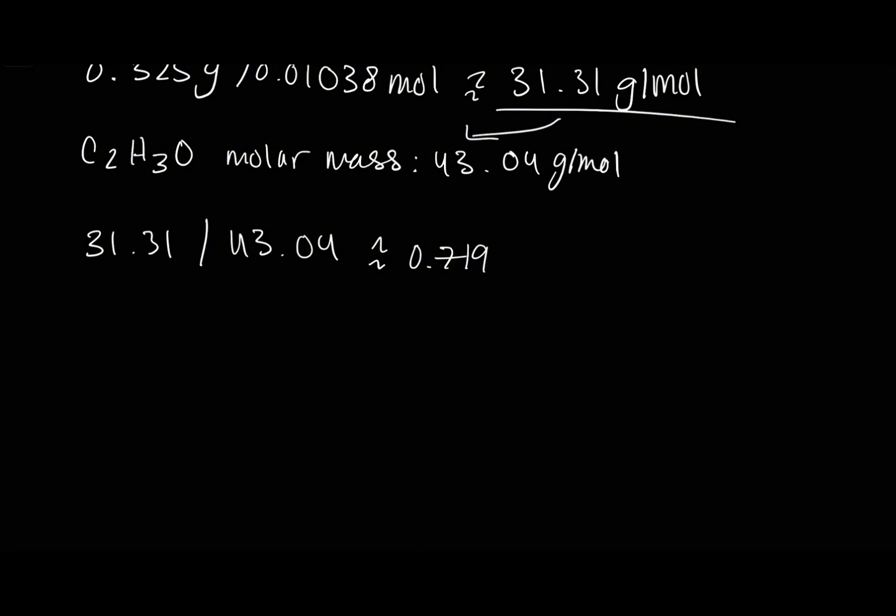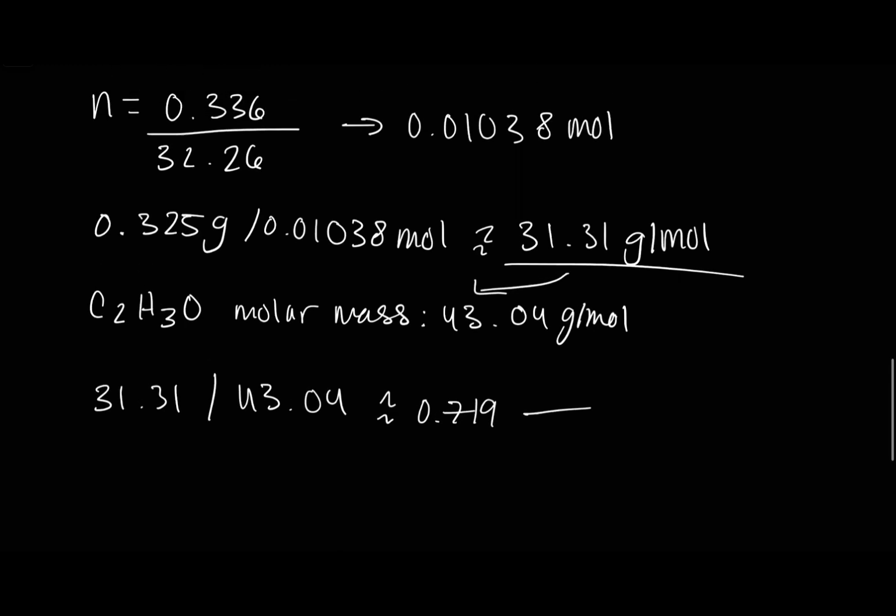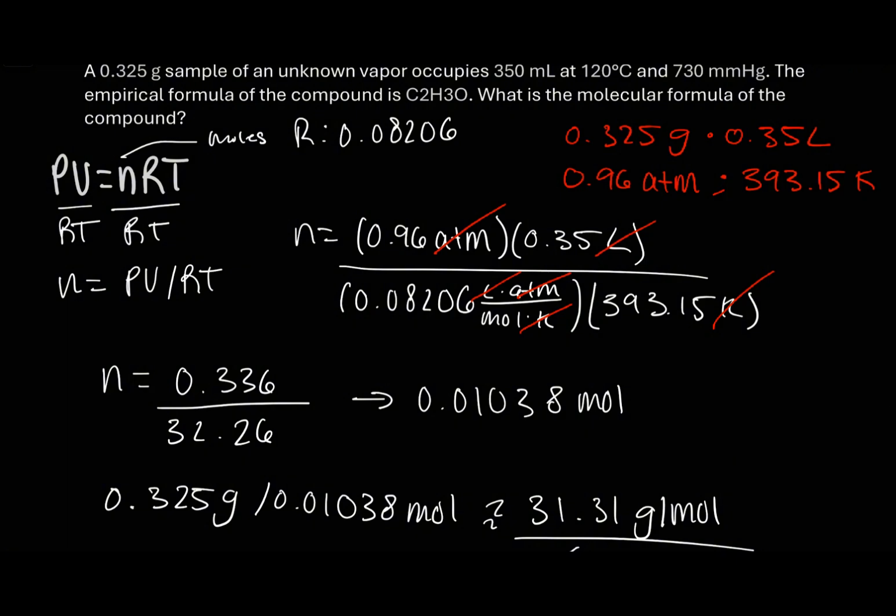So n is not exactly 1, and it is not really anything we can multiply it by. So this shows us that this would be whatever we would multiply our original C2H3O by.